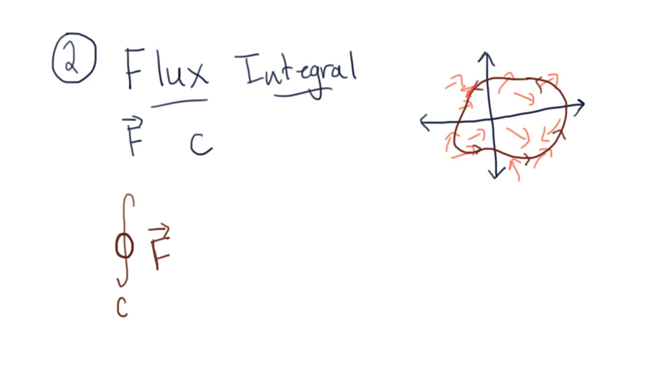I'm actually going to think about how much of the vector field lies over the normal direction. And so where does the normal direction point? Well, it points perpendicular to the curve, like this. And I'm doing the dot product, so I'm really seeing how much of the vector field is leaving this bounded region.